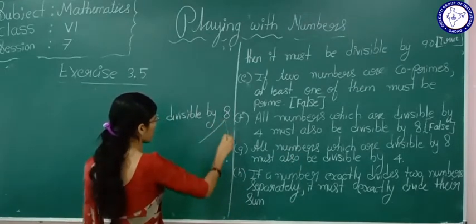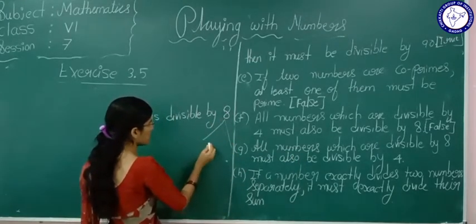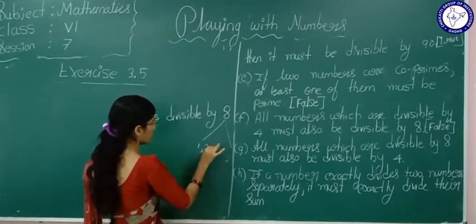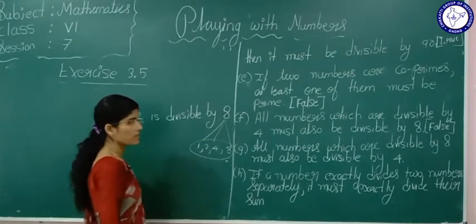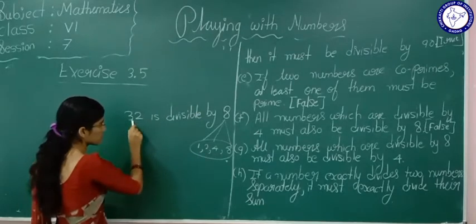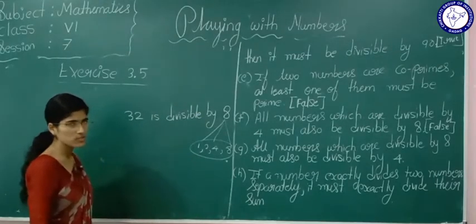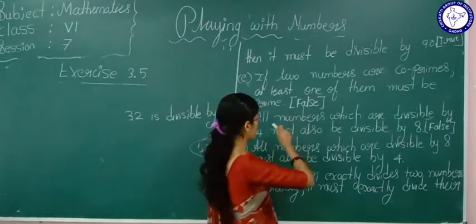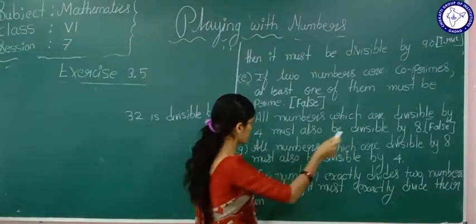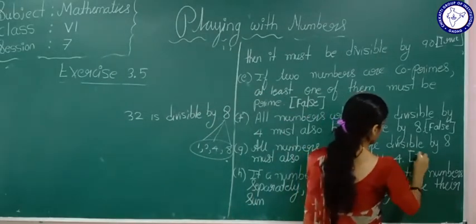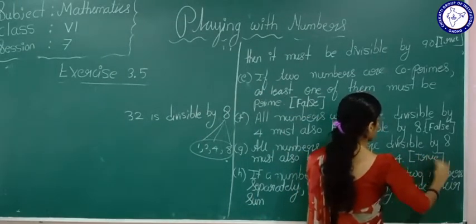The factors of 8 are 1, 2, 4, 8. Definitely, if 32 is divisible by 8, then 32 is divisible by the factors of 8 also. Here 4 is included. Yes or no? All numbers which are divisible by 8 must also be divisible by 4. Yes, this answer is true. We will write it as true.